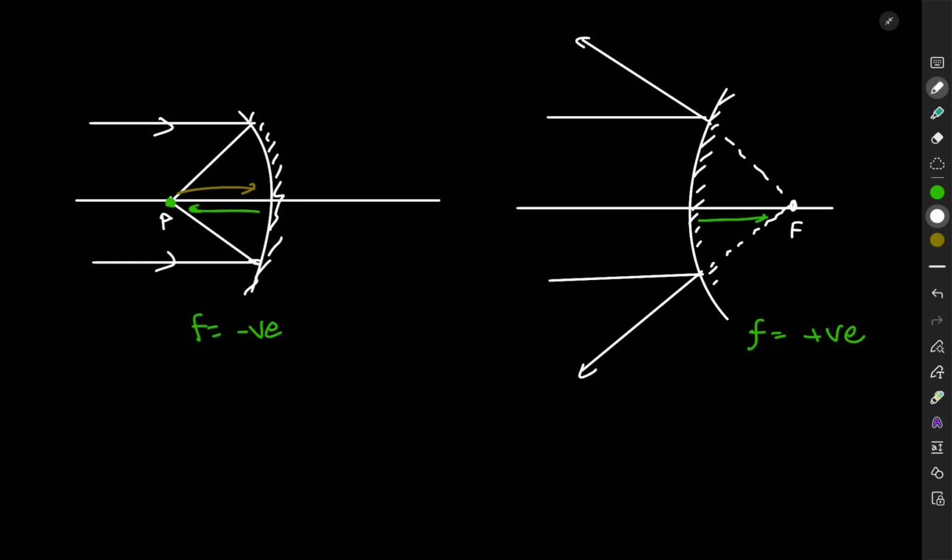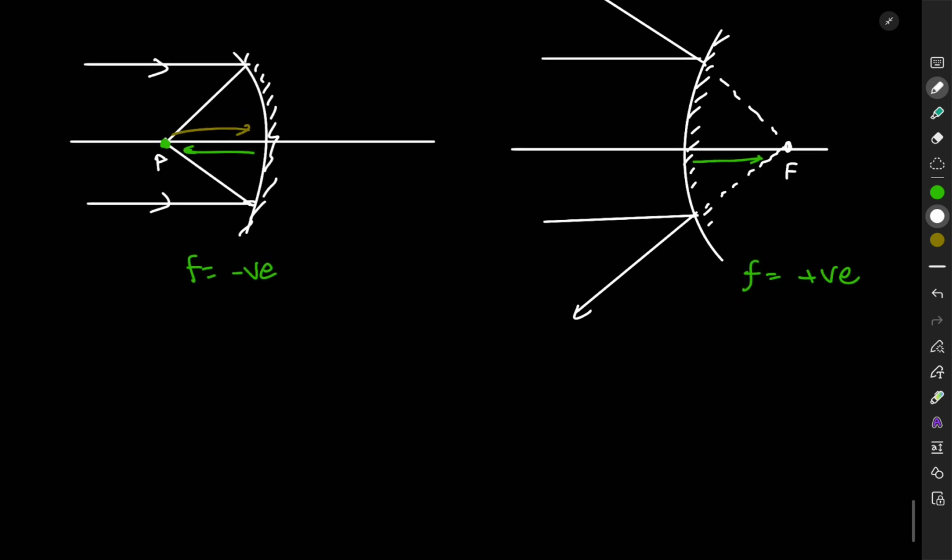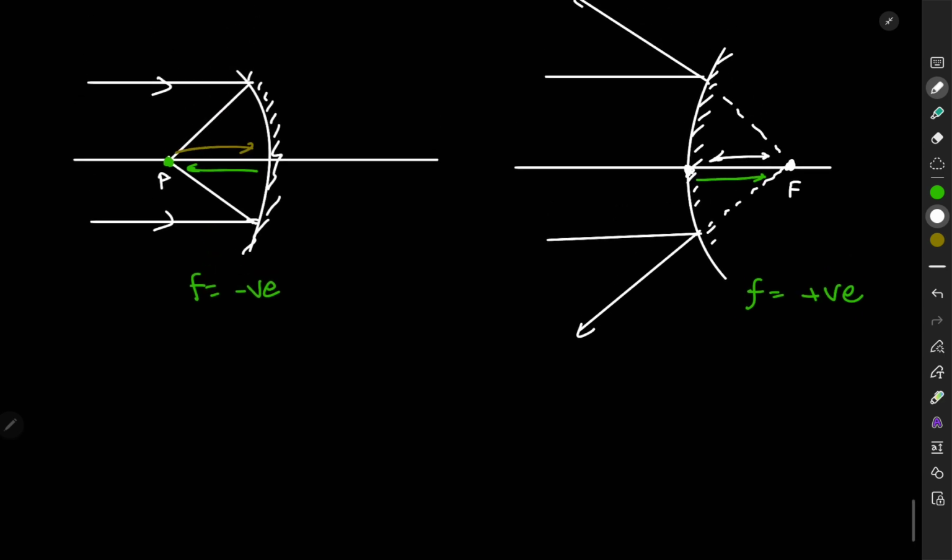Right? So what is a focal length? Distance from the pole, this is the pole, to the focus is called focal length. Okay, and we need to follow some sign conventions here. Be very cautious in this. Direction of incident ray is taken as positive.